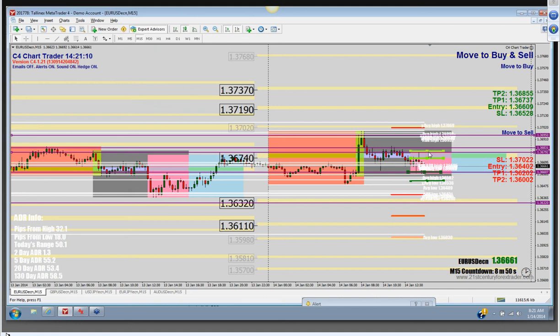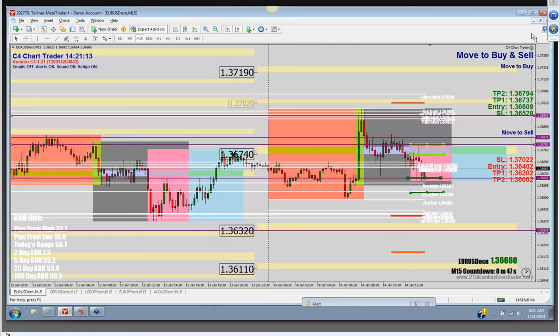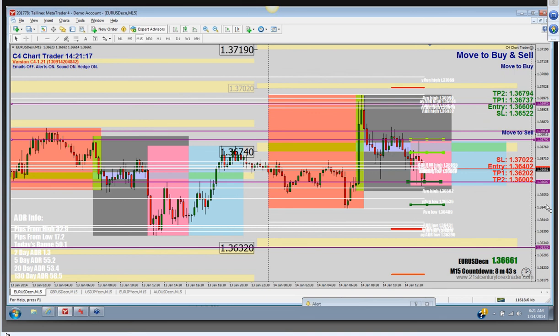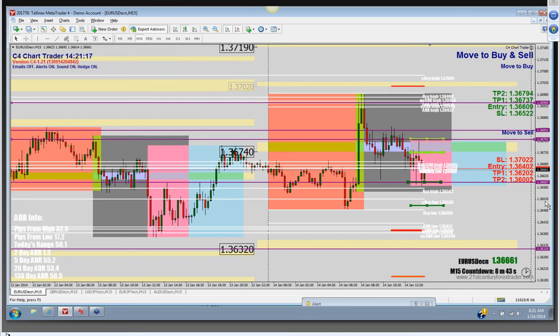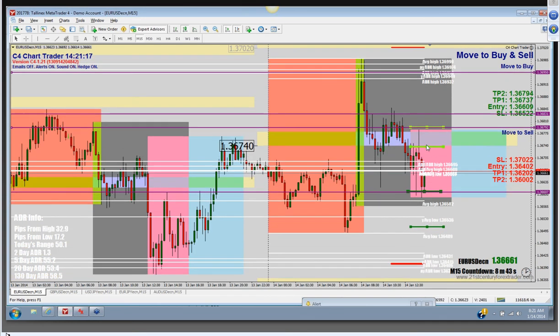I'm going from this entry point of 3660 to our thermal grid of 3674, and then I'll set my take profit to just beyond that at the support resistance level that we identified at 3679, which was a channel top actually, right there at 3679. So we'll get that one identified, get that trade on.